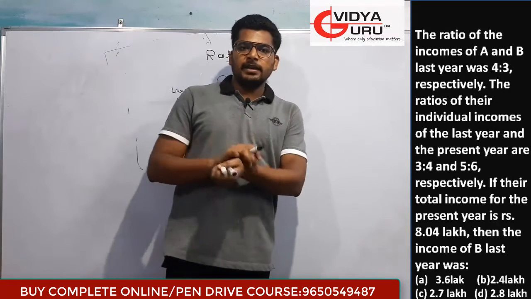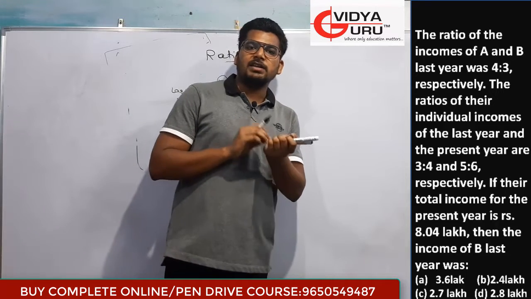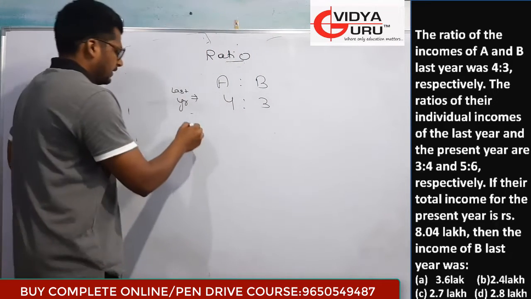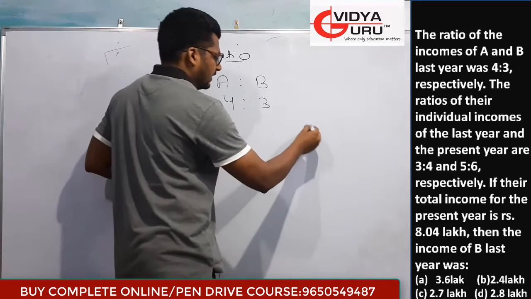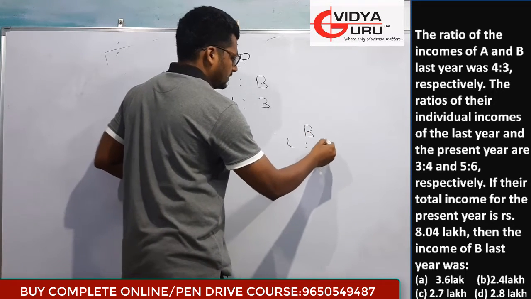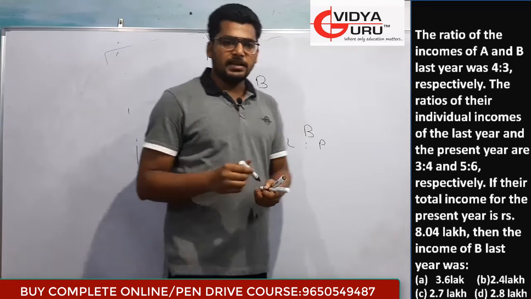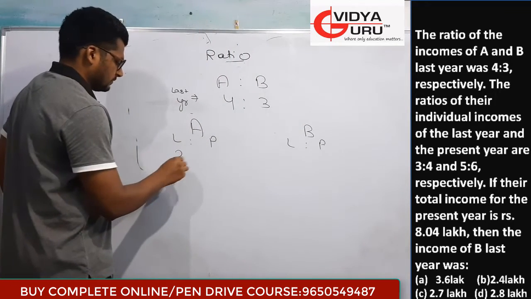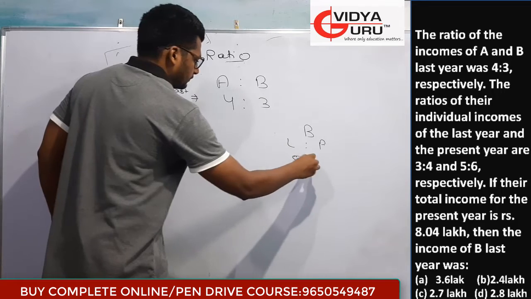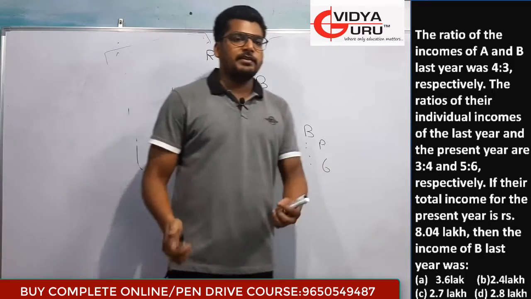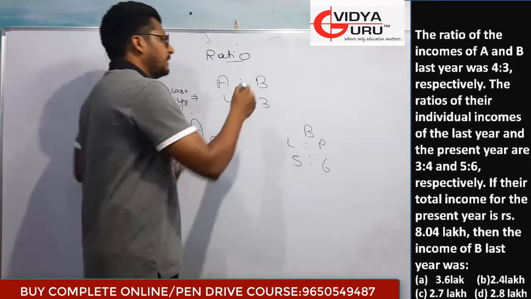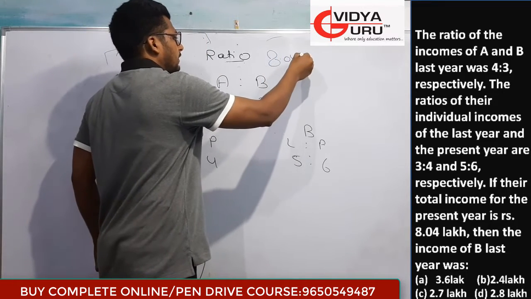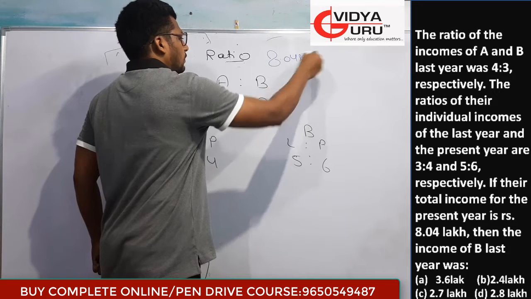Now the individual income ratio is also given for last year and present year of A, and for B. A last year to present year is 3:4, and B last year to present year is 5:6. If the total present income is 8.04 lakh.